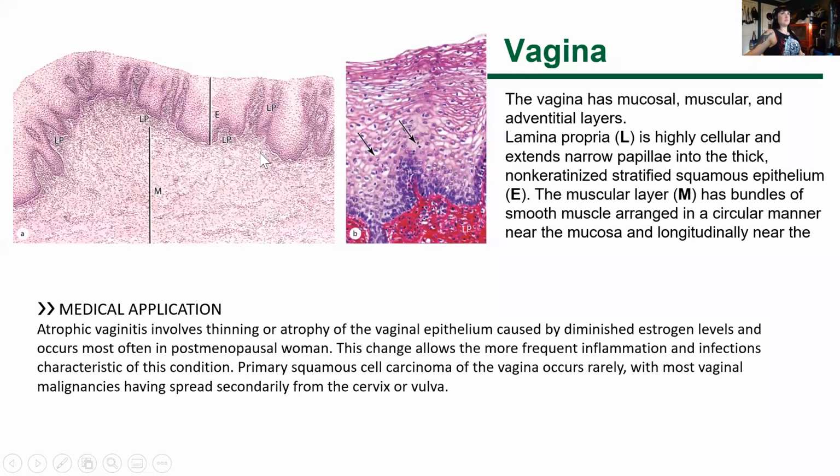So the margin between the two is not necessarily a straight line, it's wavy. And then down there we have a muscular layer, and there's a lot of elastic tissue in here as well. So there's bundles of smooth muscle arranged in a circular manner, and also longitudinally. So we have a mixture, although you're really mostly seeing the circular layer here.